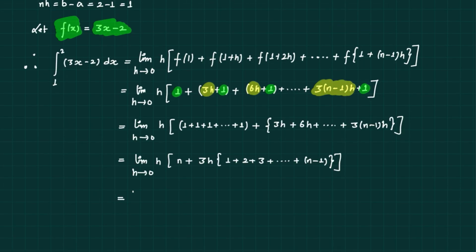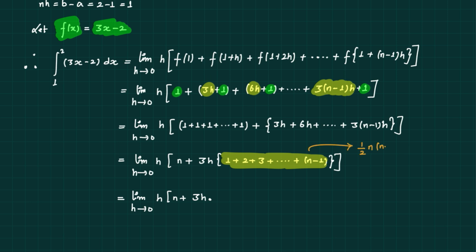So it equals limit h tends to 0 of h into n plus 3h into, now if you see this, 1 plus 2 plus 3 plus up to n minus 1 can be written as 1 by 2 into n into n minus 1.